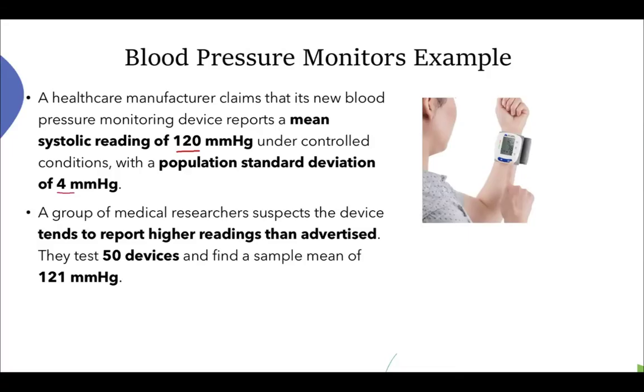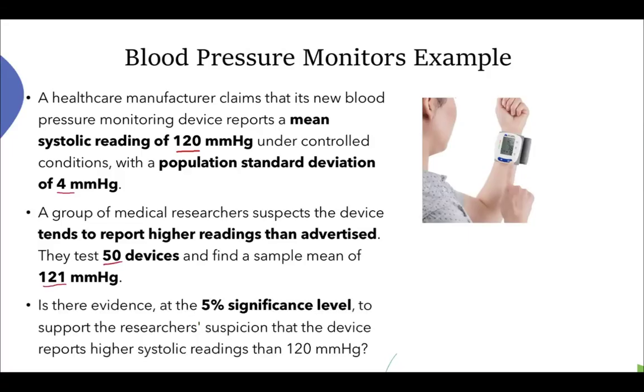They test 50 devices and find a sample mean of 121. Is there evidence at the 5% significance level to support the researchers' suspicion that the device reports higher systolic readings than 120?